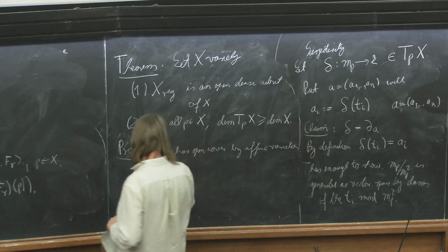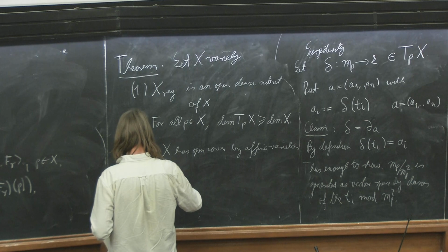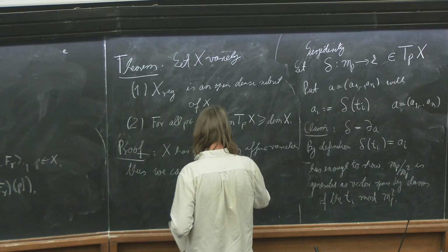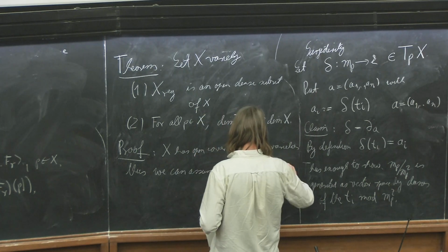Thus we can assume that X in A^n is an affine variety.